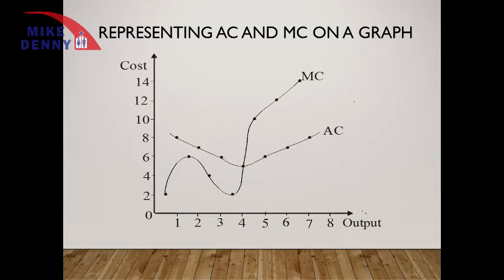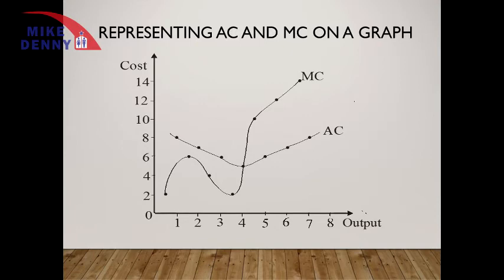So the average cost curve is obtained by joining the average cost points, and it gave us the average cost graph. Going to marginal cost, we said it is the cost of increasing output by 1 unit.